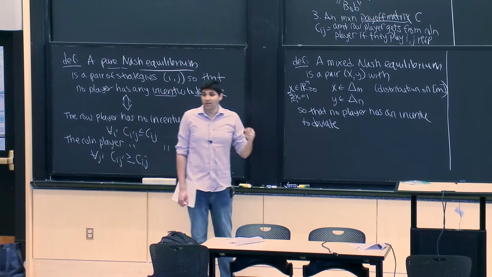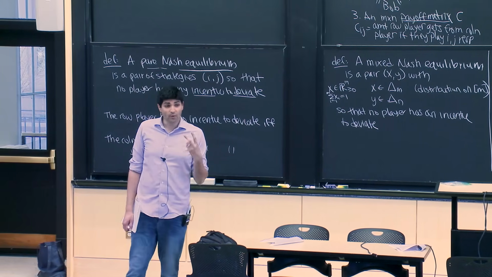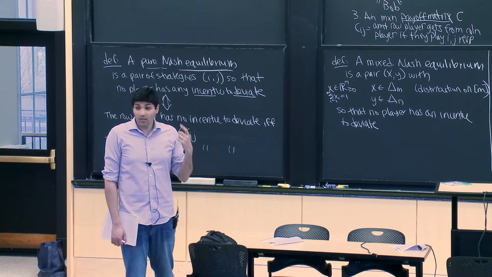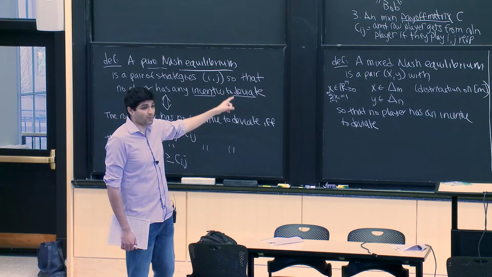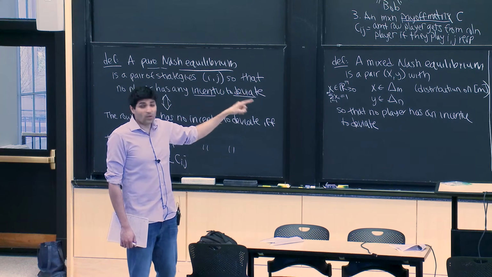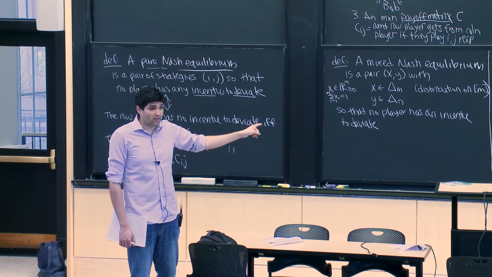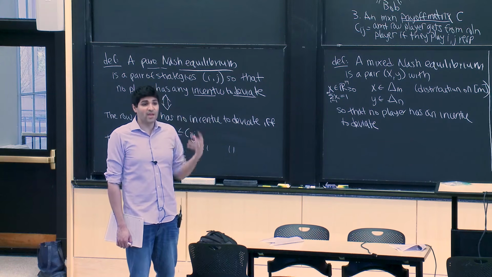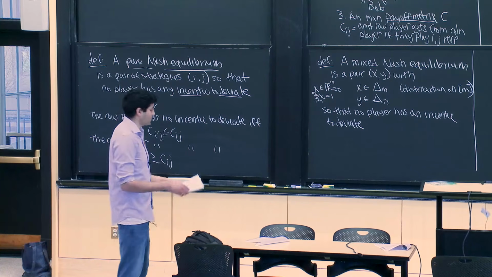So instead of me announcing I'm playing strategy i, and you announcing you're playing strategy j, I'll instead announce that I'm going to sample my strategies from the distribution x. And you will announce that you're going to sample your strategies from the distribution y. And we can ask, even after you make that announcement, whether you have any incentive to change your strategies.